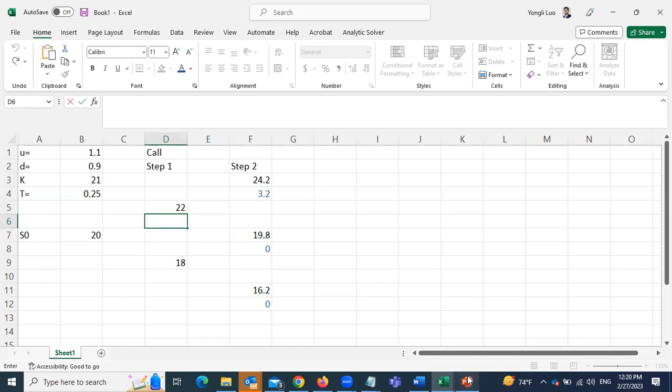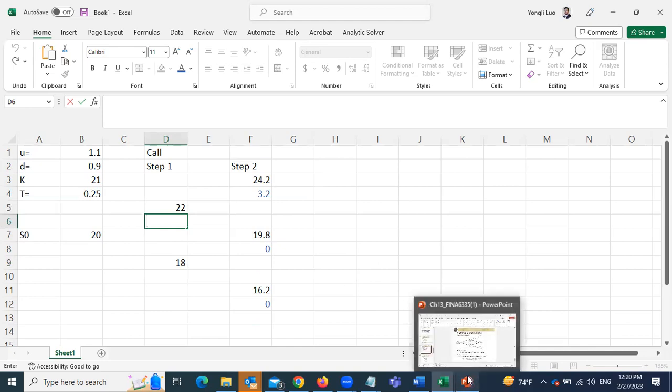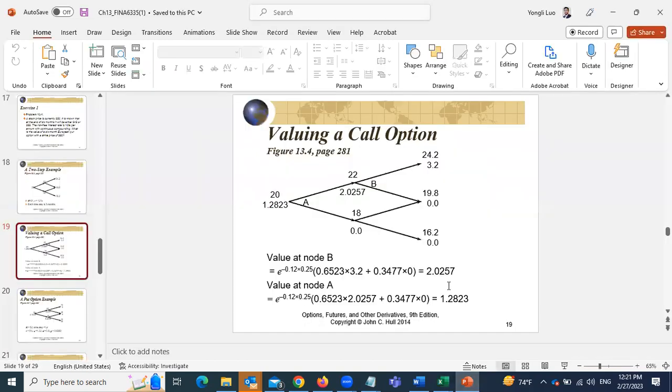Remember we did that before, and we have two ways to calculate, right? One is the hedge ratio, and the other is using the risk neutral probability. So one way is using the risk neutral probability, another way is the hedge ratio.